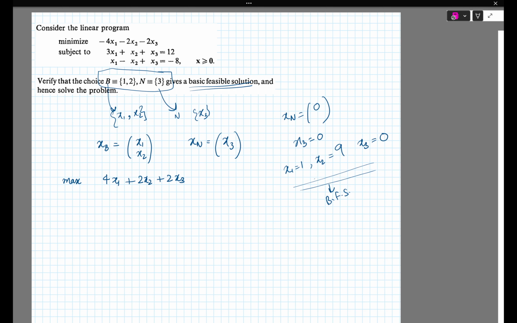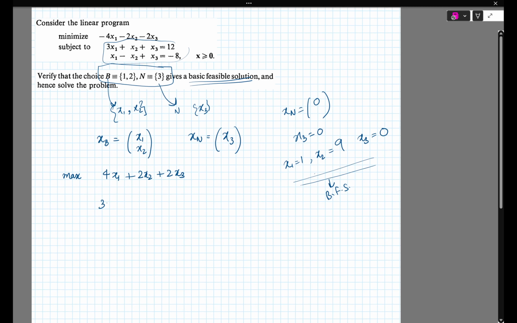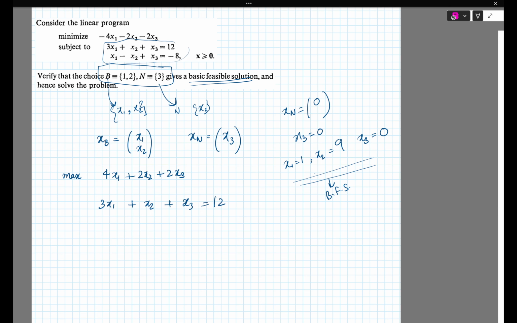Why? We can convert this so that we get something like 1 0 here. You have 3x1 plus x2 plus x3 equal to 12, right?